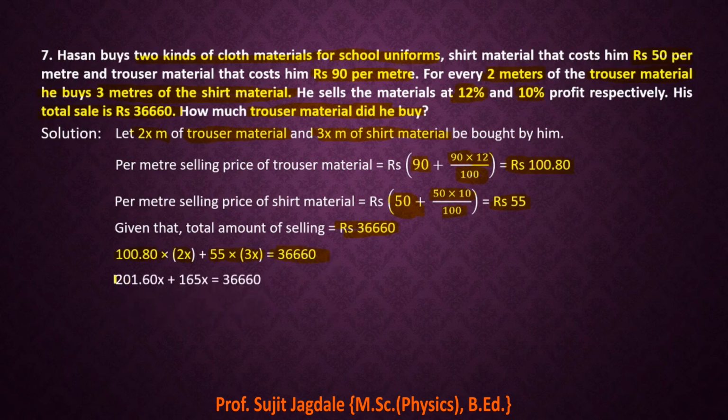After simplifying, we get 201.60x plus 165x, which is equal to 36,660. By adding these two values we get 366.60x, equal to 36,660.